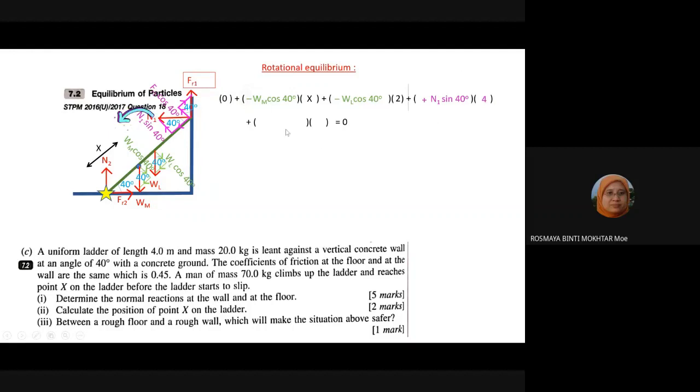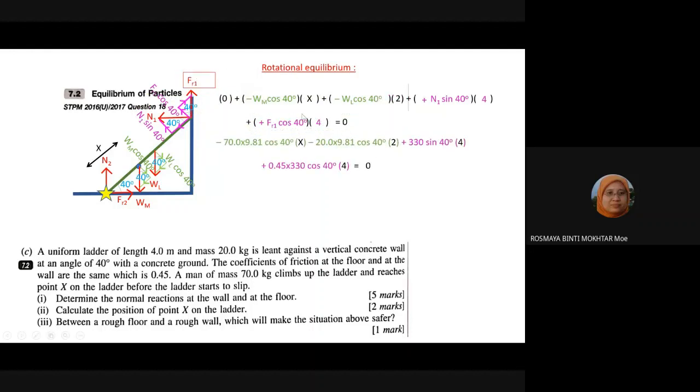And lastly is FR1 cos 40 degrees. The sign is also positive because the rotation is anti-clockwise, and the distance is also 4 meter from the end of the ladder here, from the fixed point. So done for all the forces with the sign, and then we solve the equation.